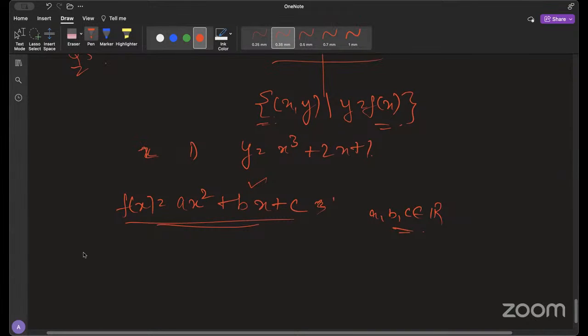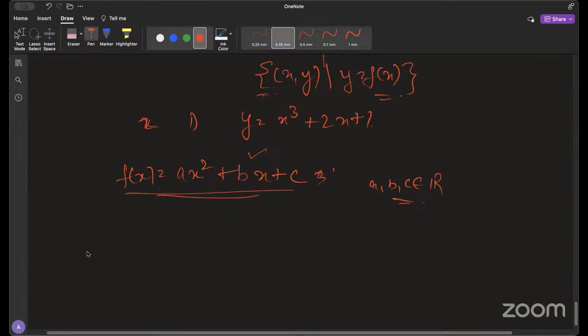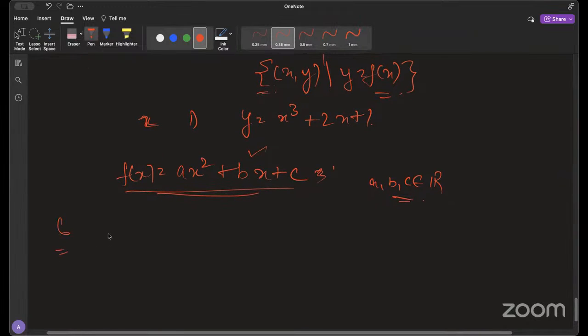Any other doubts from this exercise? Number 6. Question number 6. Yes. f is a function from A to B, where A and B are subsets of R, and the cardinalities of the sets A and B are 4 and 4.